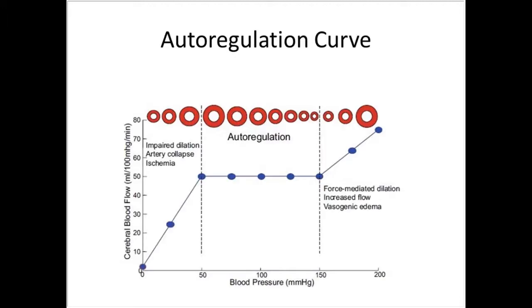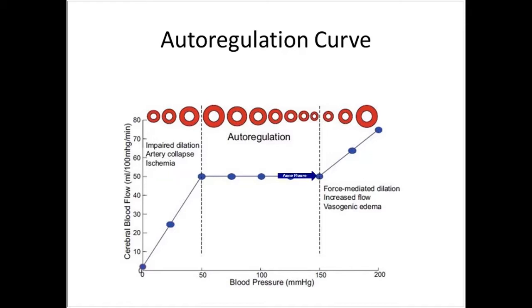You may have already seen this slide. It is the autoregulation curve. On the horizontal axis, we see mean arterial blood pressure, and the vertical axis is cerebral blood flow. So as you can see, the brain maintains blood flow at a constant level between 50 and 150 mean arterial pressure.